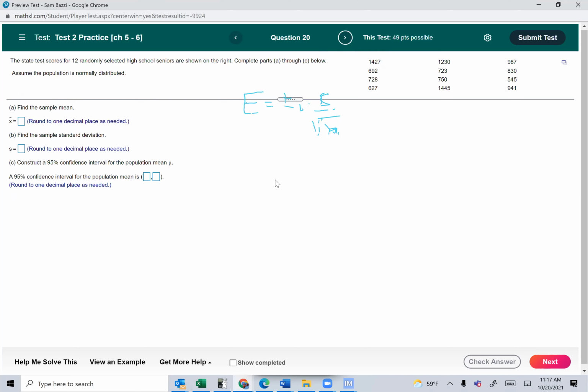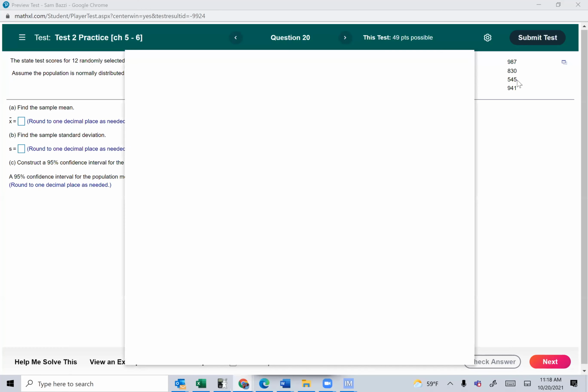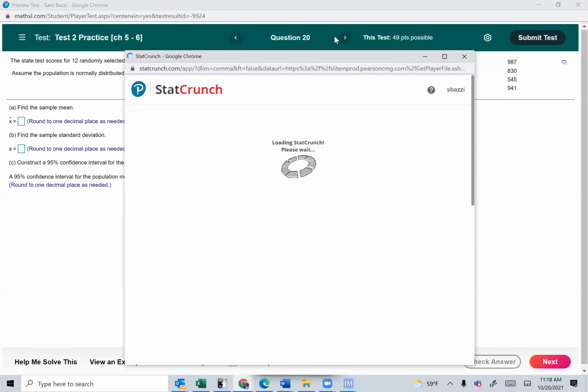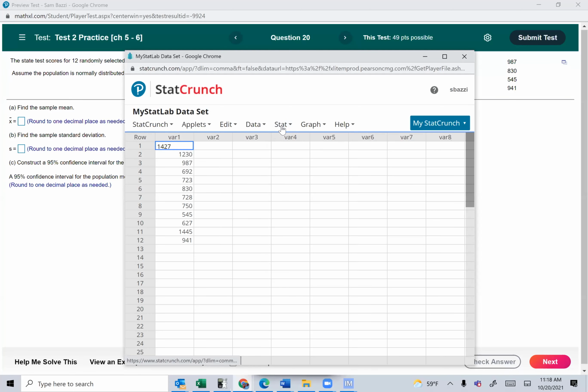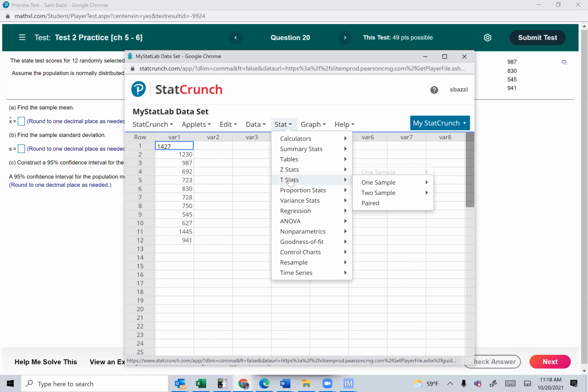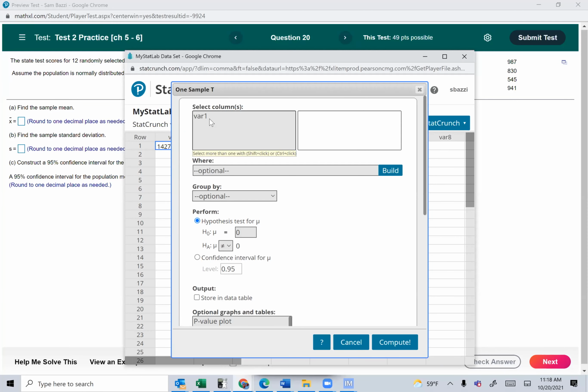Okay, let's do this using the calculator, of course, right here. Okay, here's how you can do this with StatCrunch, guys. That's for the homework. When you do your homework online, open in StatCrunch. He didn't give you sigma, so that's T. Go to stat, T statistics, one sample with data, select the data, select the confidence level.